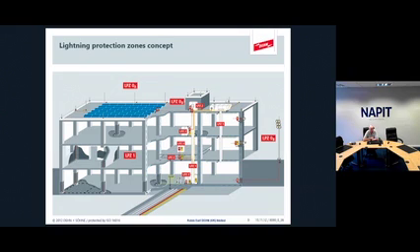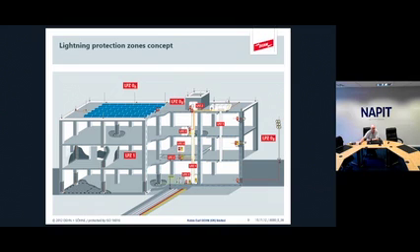And what you can also see, there'll be SPDs in the sub-distribution system, and then again closer to sensitive loads. So there's going to be a few more SPDs than you might have expected in the past, where people, to be honest, just put one at the origin and thought, well, that's that. That's no longer the case.